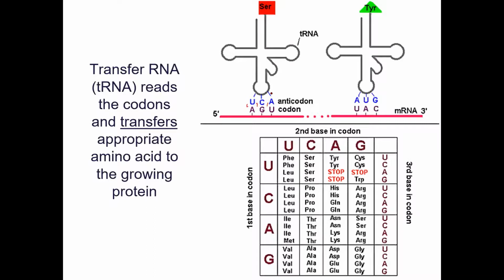So U, I'm looking at here, is the first, and then G, and then A. I guess I read that wrong. It's UCA, so sorry about that. Serine. There we go. So that first one is serine. The second one is UAC. So U, A, and C. So the second one is tyrosine.